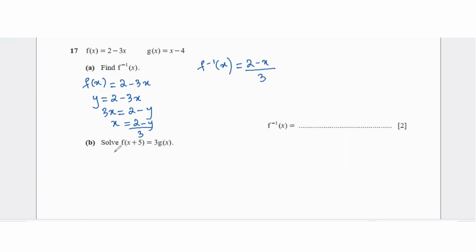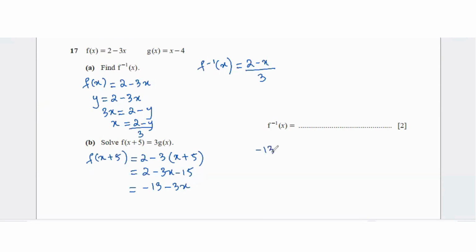In the next part, it says solve f of x plus 5 equals 3 times g of x. So f of x plus 5 would be 2 minus 3 times x plus 5. Basically, the domain is changing from x to x plus 5. And simplify that, so 2 minus 3x minus 15, which would be negative 13 minus 3x.